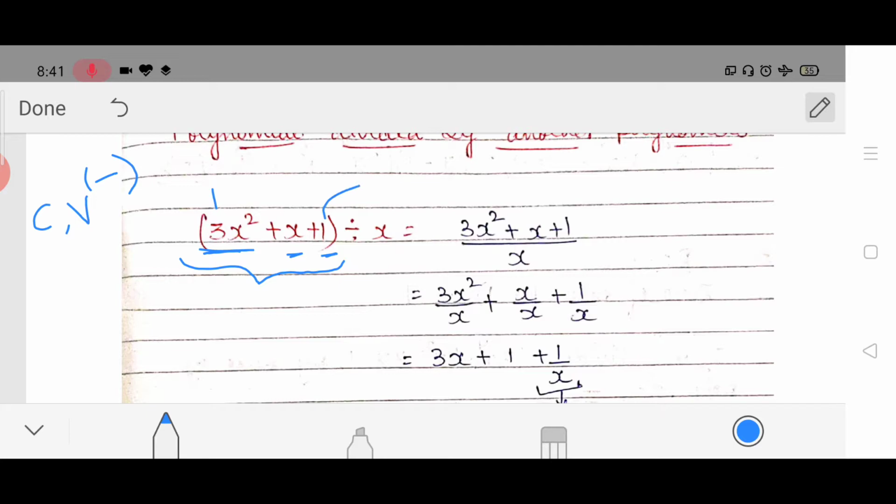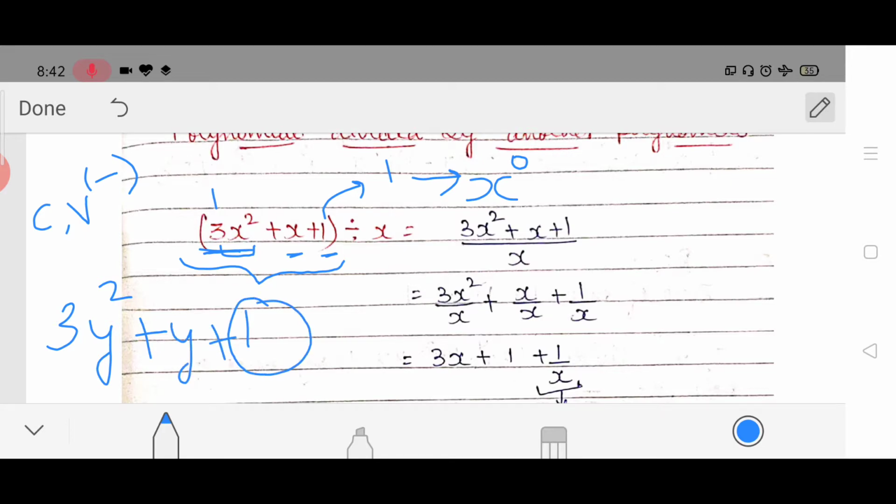Because 1 is a constant, so what is the variable of 1 here? If only a constant polynomial is given, and we have also discussed that in a constant polynomial the variable will always be x0, because here the variable is in the form of x, that's why we have taken here x0. Otherwise if the polynomial was 3y square plus y plus 1, the variable of 1 will be y0.